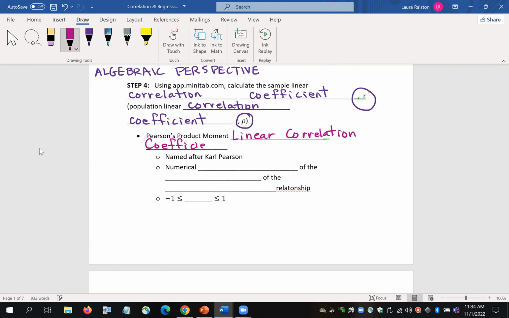It's actually named after Carl Pearson, and it is a numerical measurement of the strength and direction of the linear relationship. And I'm sorry, I do have relationship misspelled there.